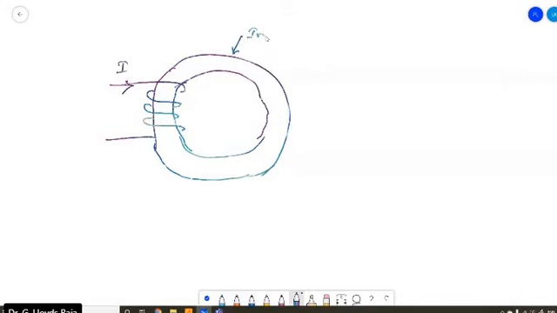So let's say this is made of iron, and here I have one more winding which I can call a secondary winding. The EMF that is produced here will be proportional to the number of turns as well as the rate of change of flux, so that you are aware of.